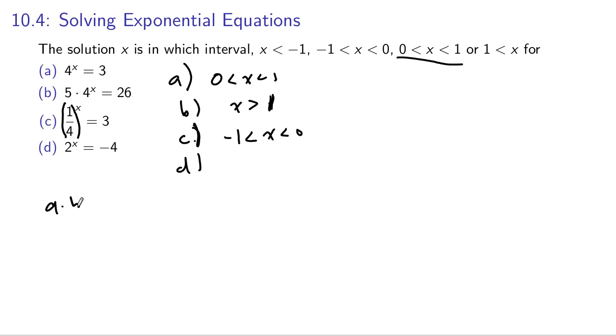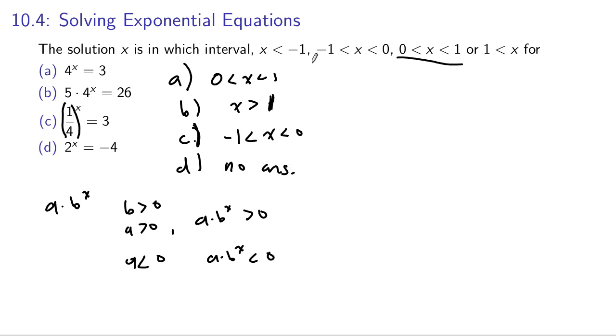So we had a times b to the x. If b is positive and a is positive, then a times b to the x is always positive. And if a is negative, then a times b to the x is always negative. So the range of the output of an exponential when the initial quantity is positive is always positive. So there's no answer. It's not in any of those intervals. There's no solution. So that's kind of a trick question.